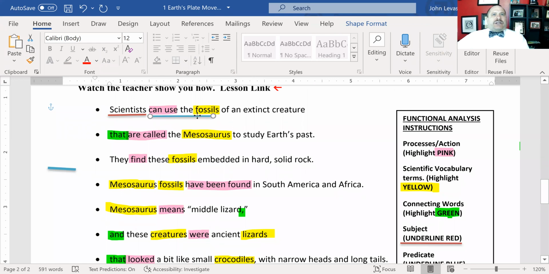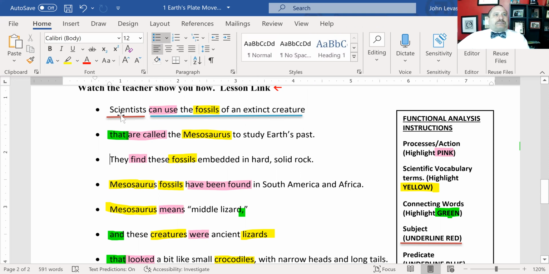Scientists is the subject. What information do we have about scientists? We have scientists can use fossils of an extinct creature. Subject, scientists. Information about scientists, can use fossils of an extinct creature.